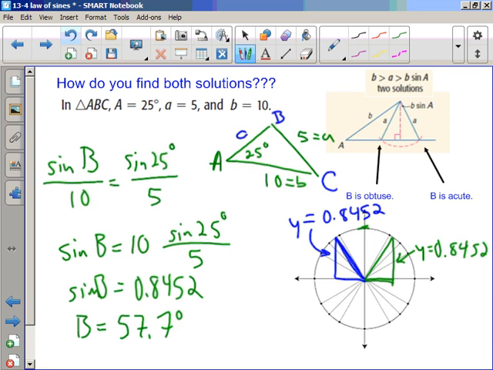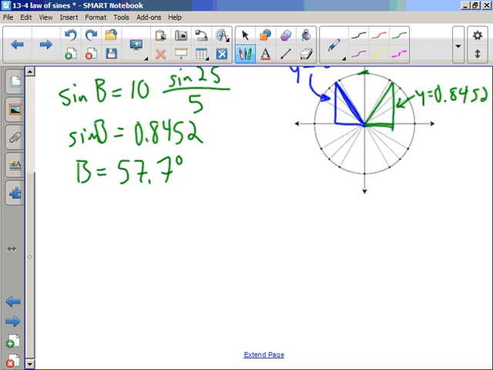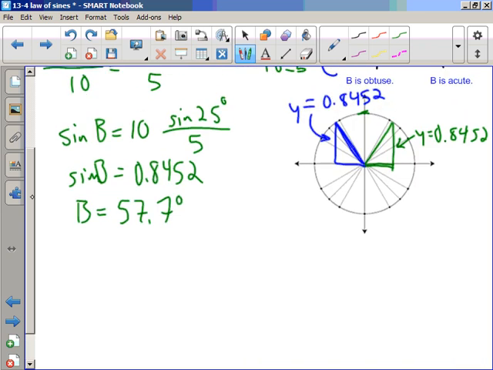The other possible value for B, right? The other possible value, this is why SSA isn't a thing, is because of this property of sine. Sine of B equals this has two solutions, all right, between 0 and 180 degrees. Why do we care?